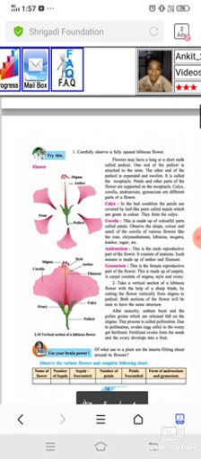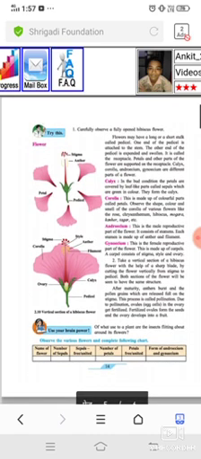Calyx, corolla, androecium and gynoecium are the different parts of a flower. In the bud condition, the petals are covered by leaf-like parts called sepals, which are green in color.